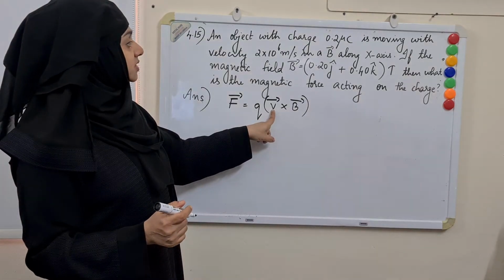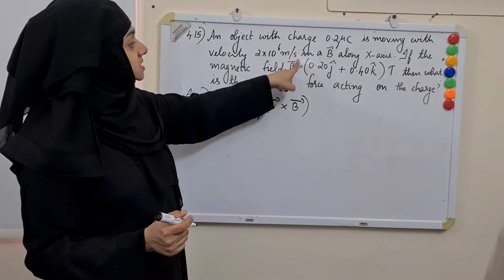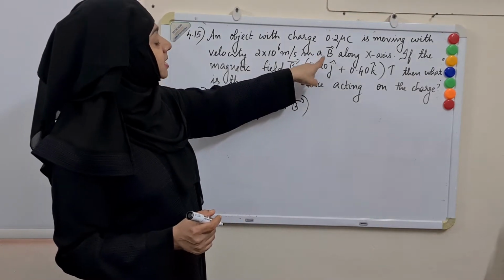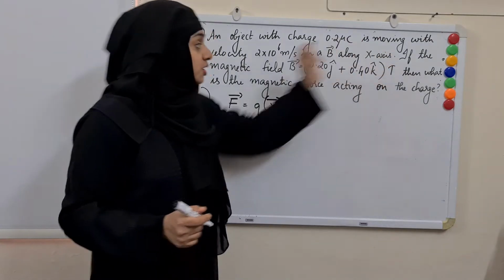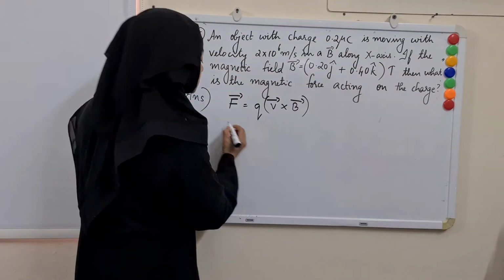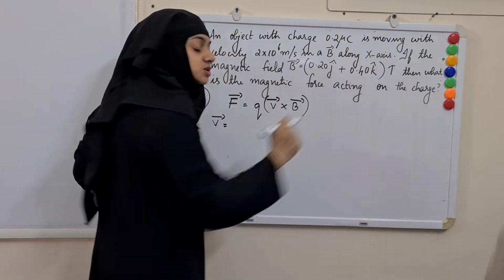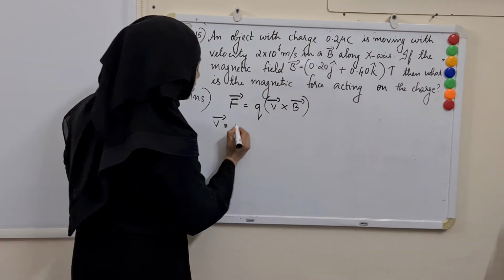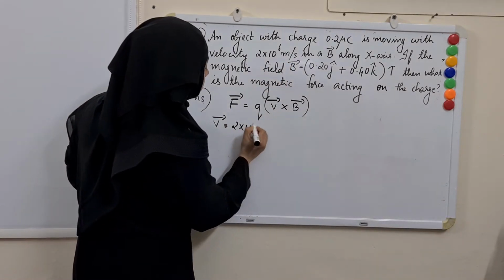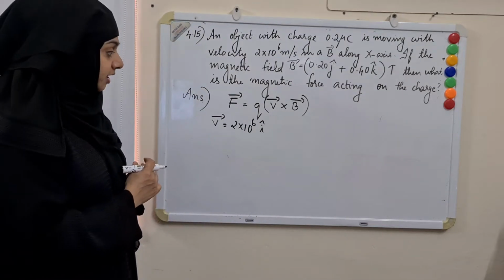So velocity v is equal to 2 × 10^6 meter per second along the x-axis. So we can express v, along the x-axis, what is the unit vector? i. So v is equal to 2 × 10^6 i cap. Okay.